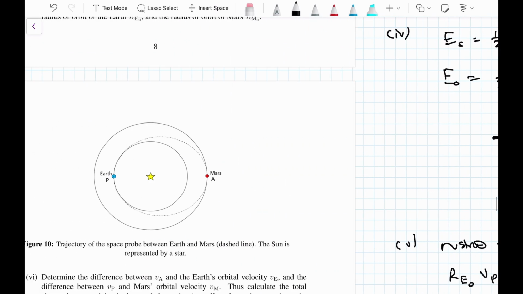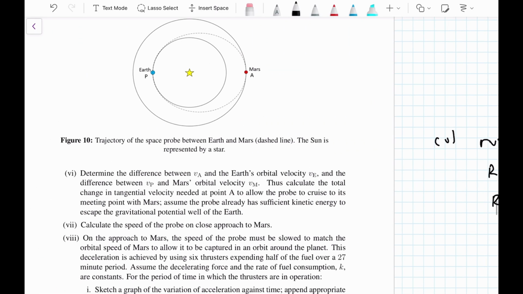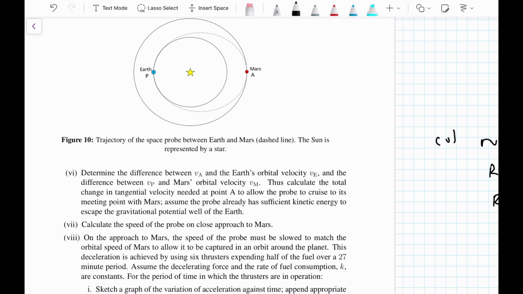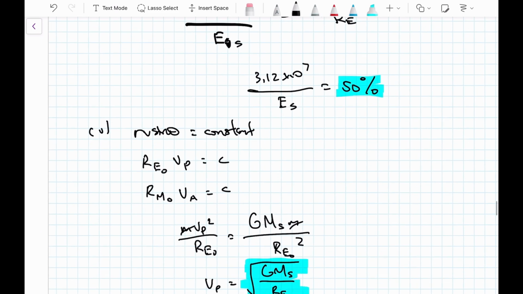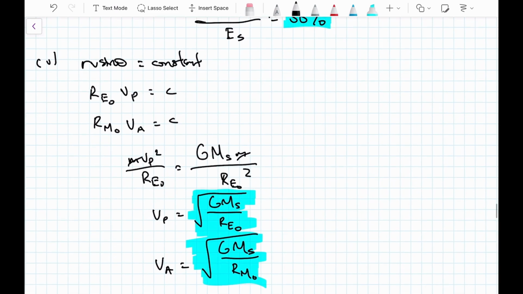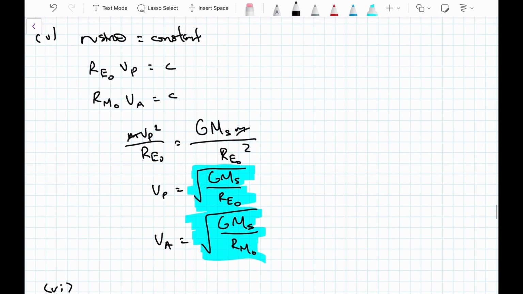The sixth part says, determine the difference between VA and the Earth's orbital velocity VE, and the difference between VP and the Mars orbital velocity VM. Okay, so see over here that VA and VP are actually different. So for this question, this is actually incorrect.